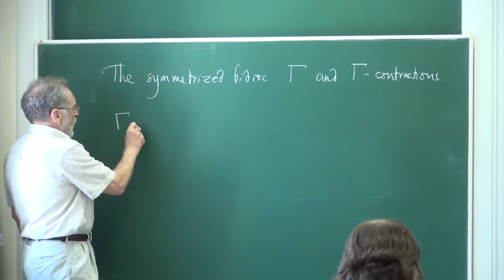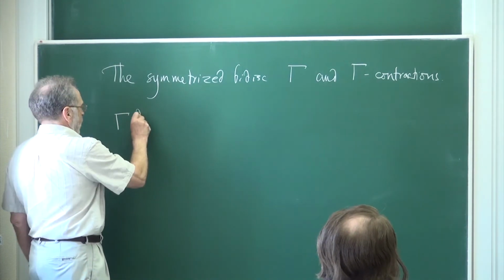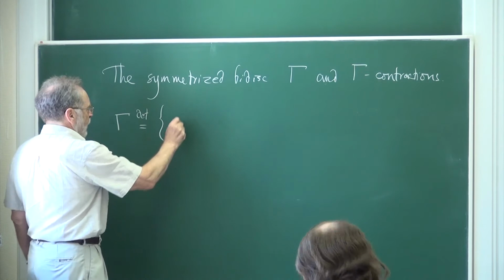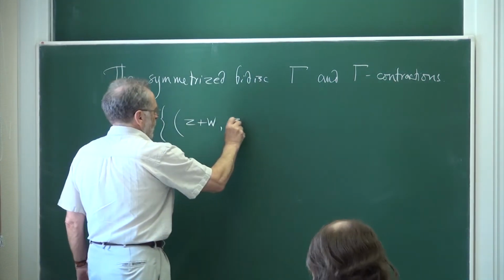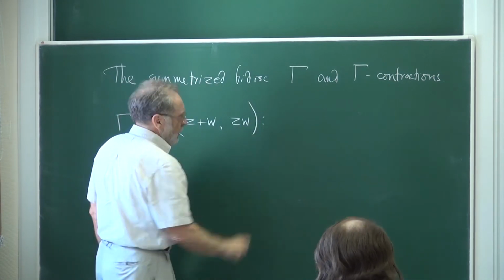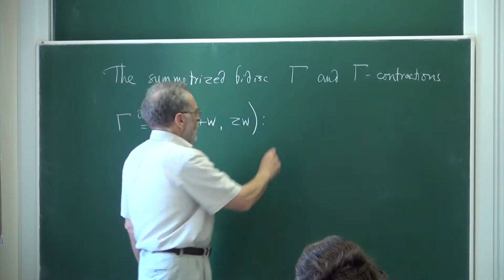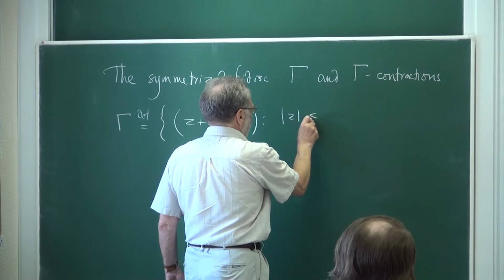So gamma is just defined to be the set of points (z + w, zw), z and w being complex numbers of modulus less than or equal to 1.